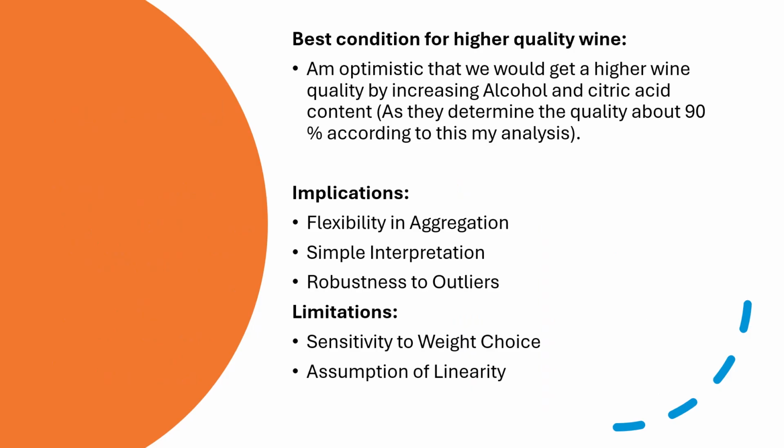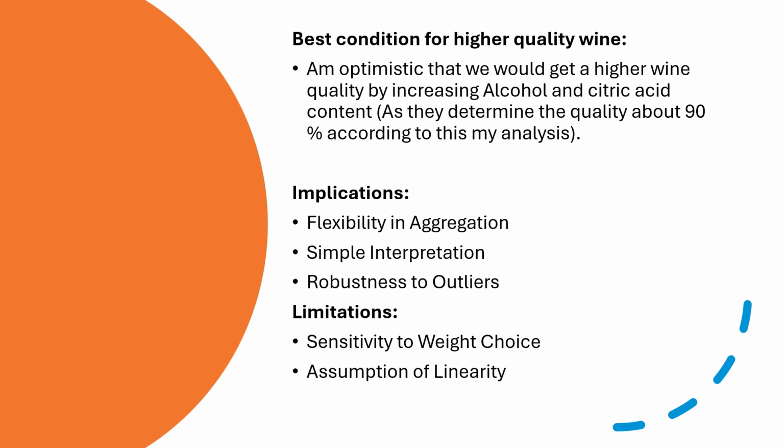Best condition for higher quality wine. I'm optimistic that we will get a higher wine quality by increasing alcohol and citric acid content, knowing fully well that they determine the quality by about 90% according to my analysis so far.